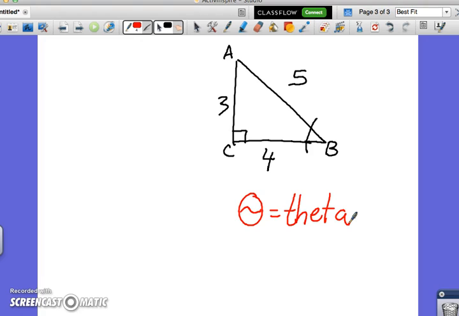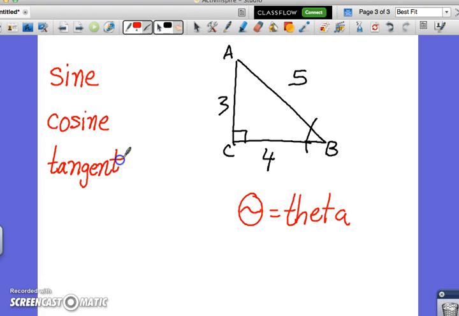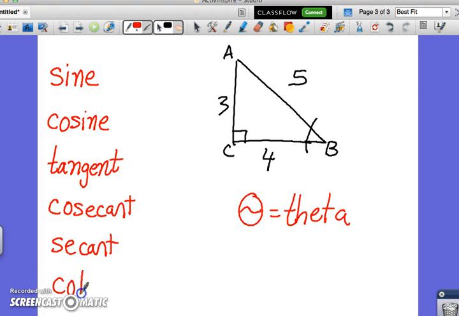So the six different basic trig ratios we look at are called sine, cosine, tangent, cosecant, secant, and cotangent.